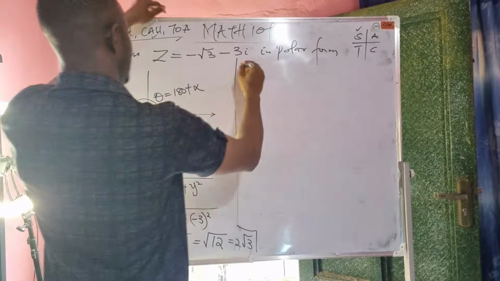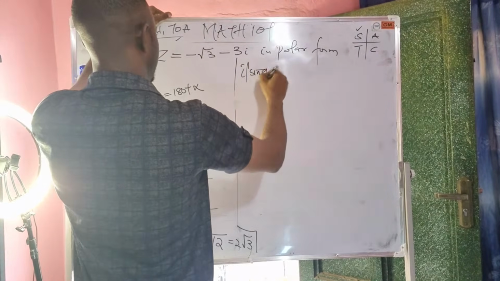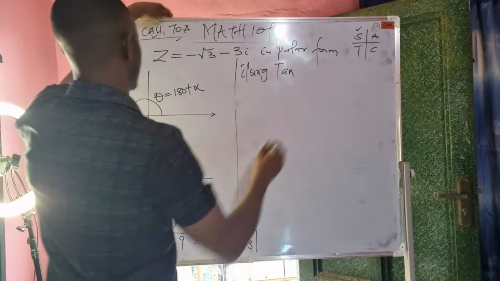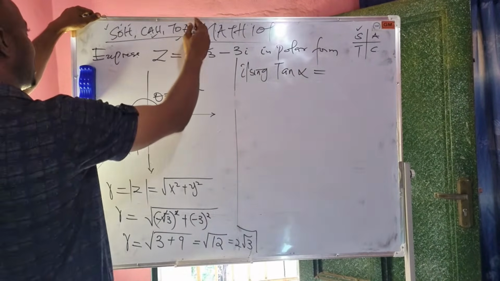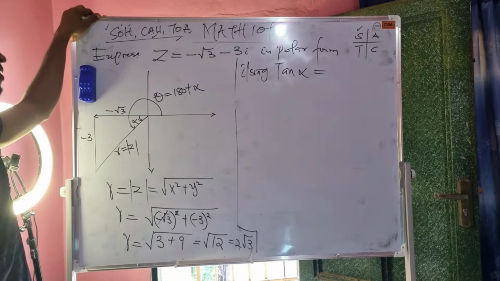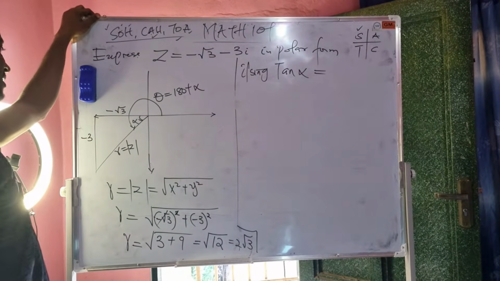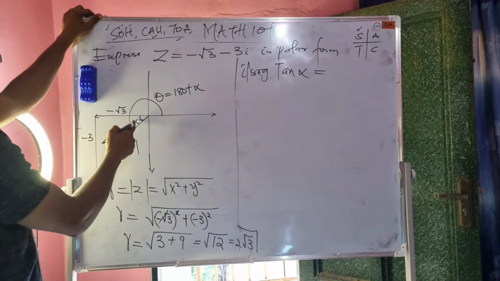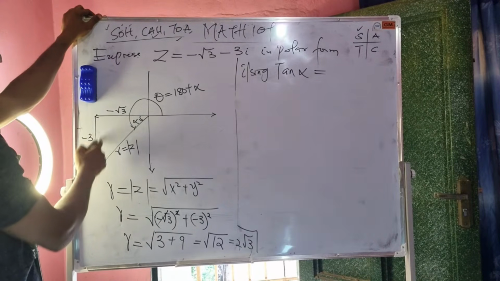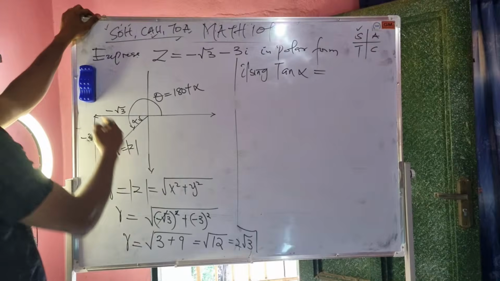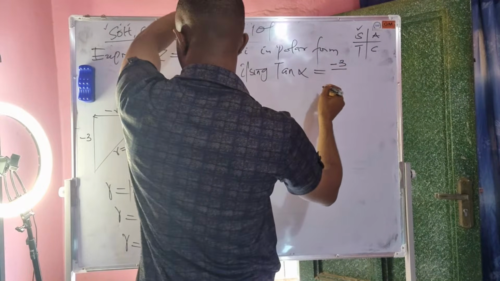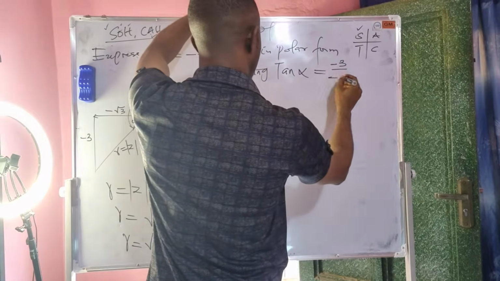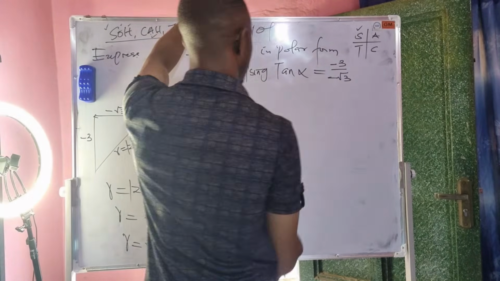Using tan alpha equals, tan is from the word TOA, which represents opposite over adjacent. Opposite, the side facing this angle, is minus 3 over adjacent, so I'm going to have minus 3 over minus root 3.